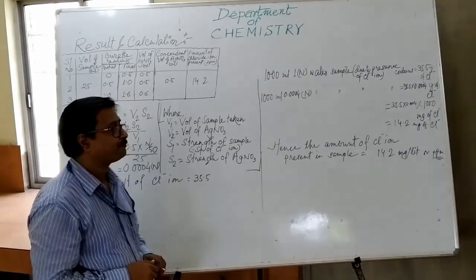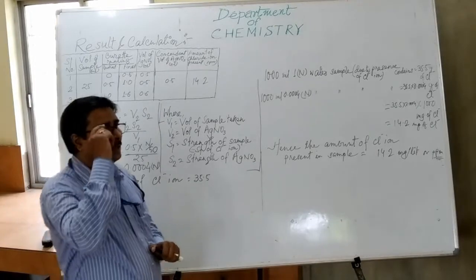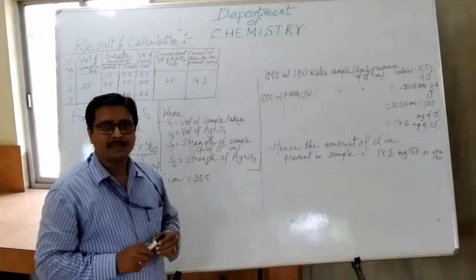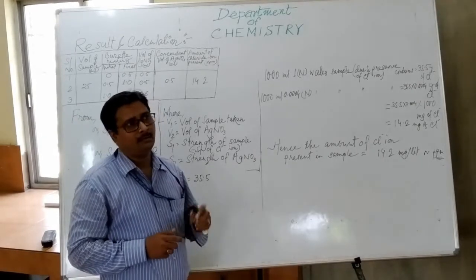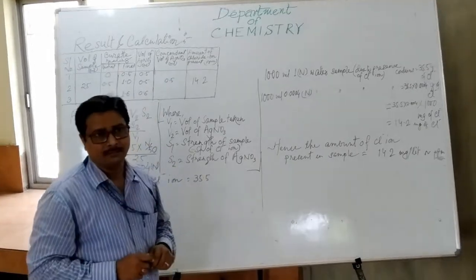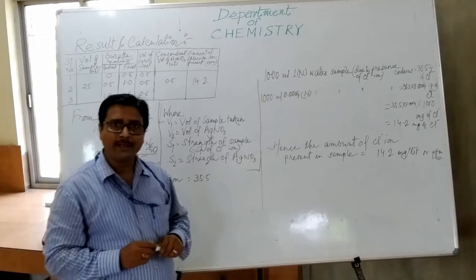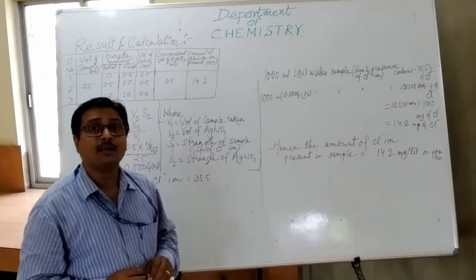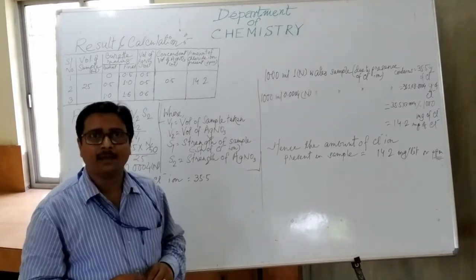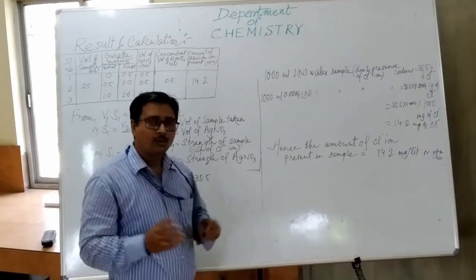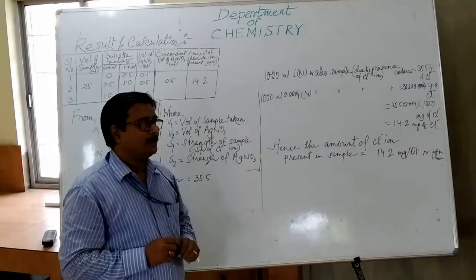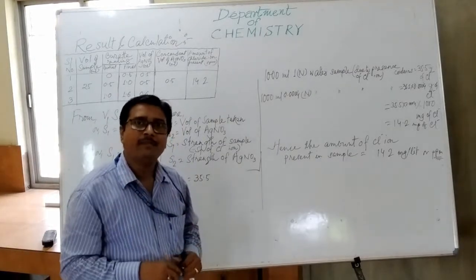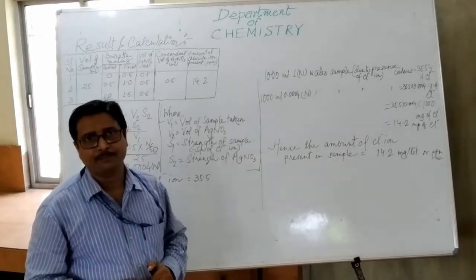Now the next one. In the theory part, already we discussed that there are 2 precipitations. Number 1 is silver chloride, white color precipitation, and number 2 is silver chromate, that is brick red color precipitation. Now the question is, why is the silver chloride precipitated out first, before silver chromate? Why not silver chromate?